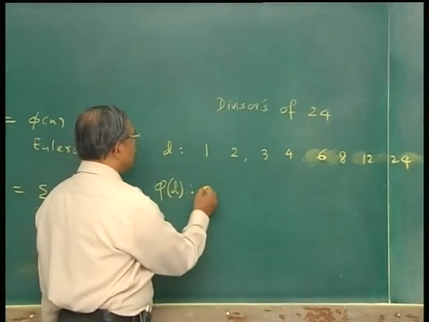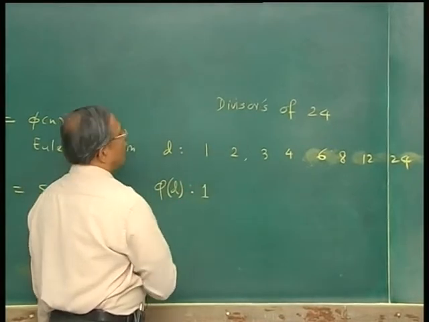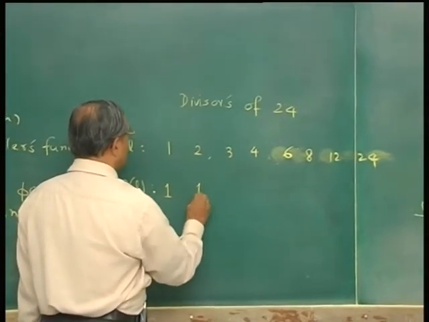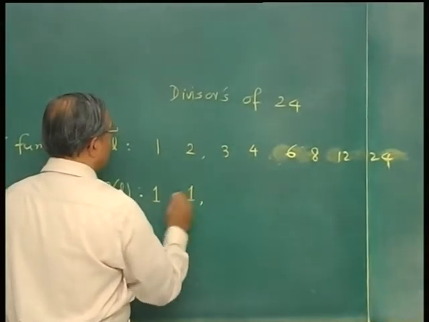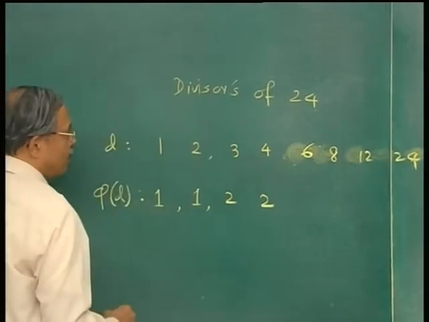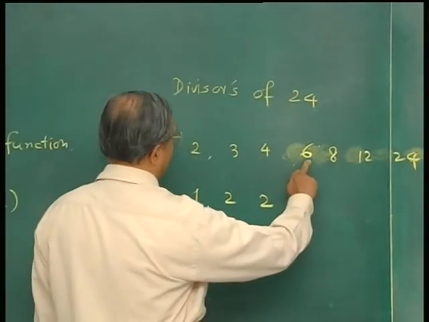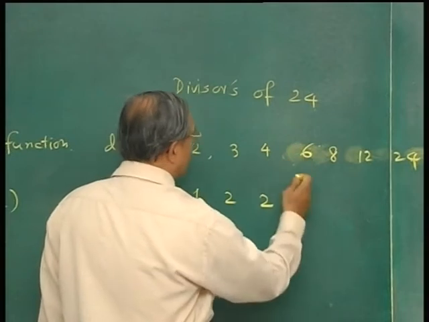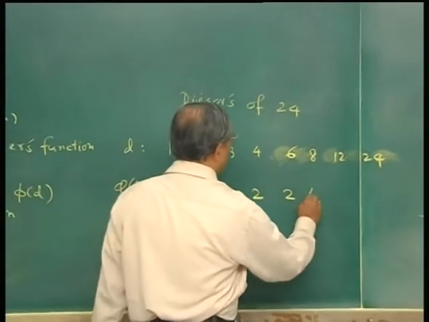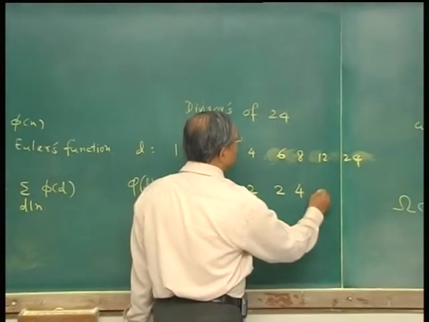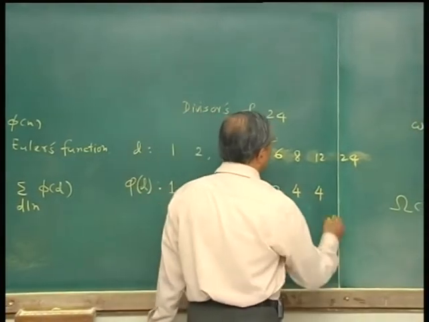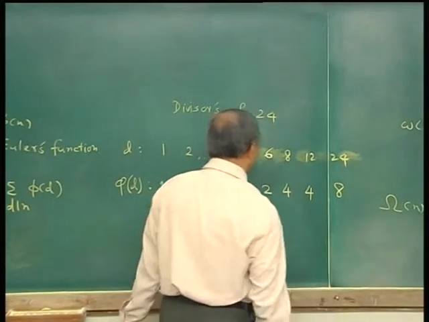function is phi of 1 is 1, phi of 2 is also 1, phi of 3 is 2, phi of 4 is 2, phi of 6 that is again 2, phi of 8 is 4, phi of 12 is 4, and phi of 24 is 8.